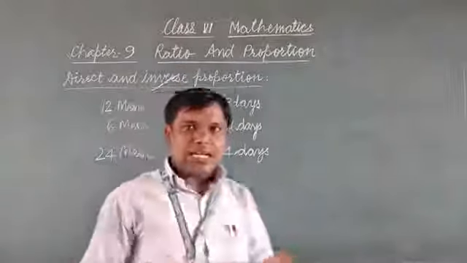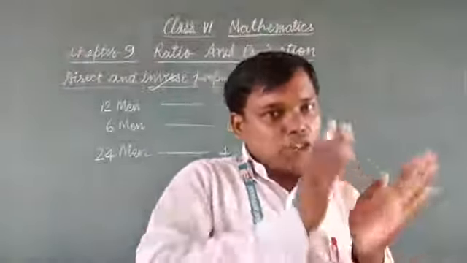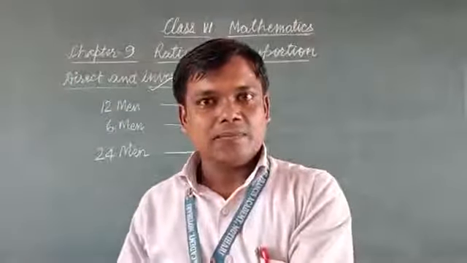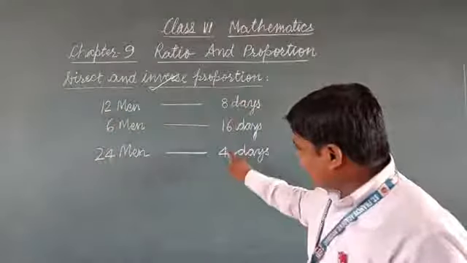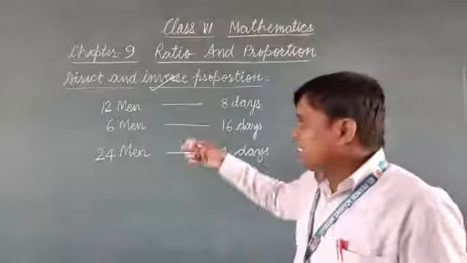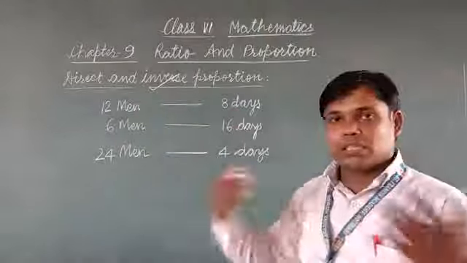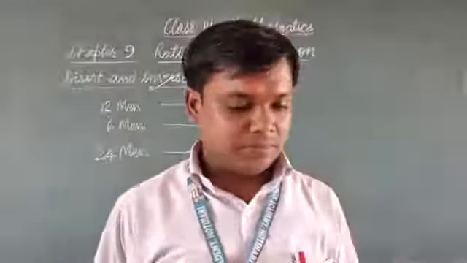So we can say that there is an increase in one quantity and a corresponding decrease in another quantity, or vice versa, meaning there is a decrease in one quantity and a corresponding increase in another quantity, then this is the case of an inverse variation.